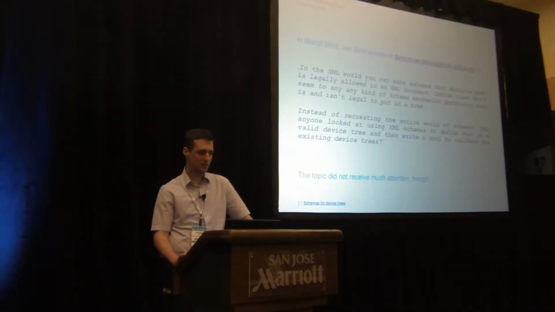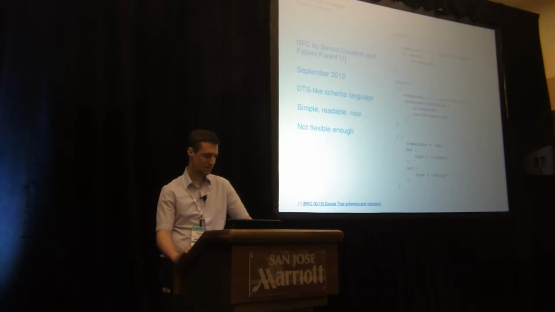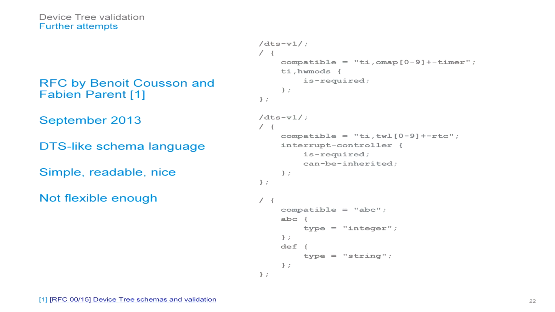And only after a discussion happening much later, in July 2013, at Linaro Connect Europe conference, some effects have started to show up. And so in September 2013, an RFC by Benoît Cousin and Fabien Parent was posted, and it brought us a DTS-like schema language which could be used to describe existing bindings.